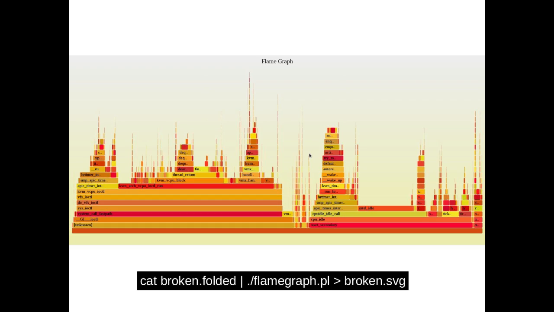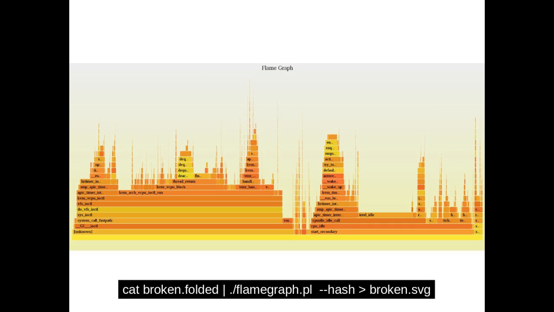So this is a regular flame graph and the command used to get there. So we gathered data and then we took the folded file, piped it into flamegraph, and then redirected the output into an SVG file. You fire that up in your browser, it's going to look like this. There's also a hash algorithm that uses the hash of the function name to pick your colors, based on the name of the function that it's tracing.